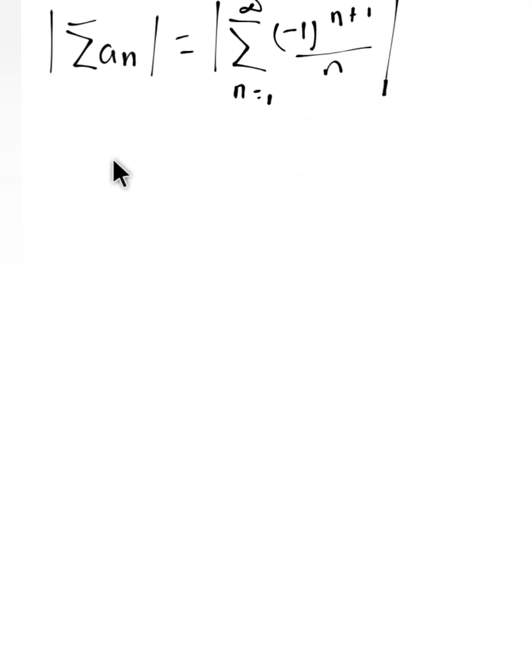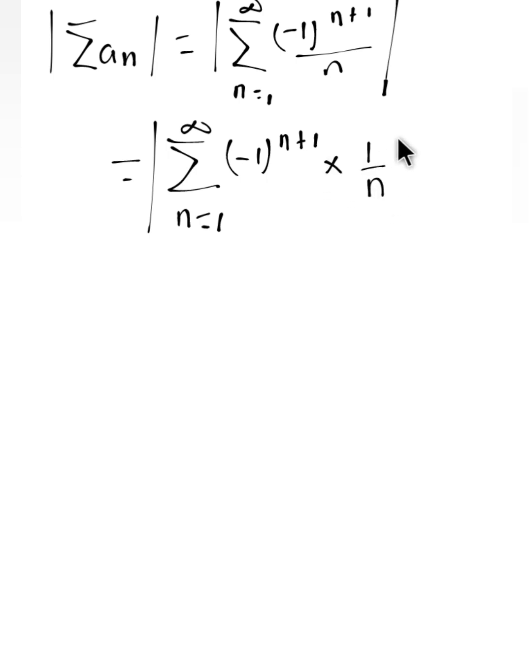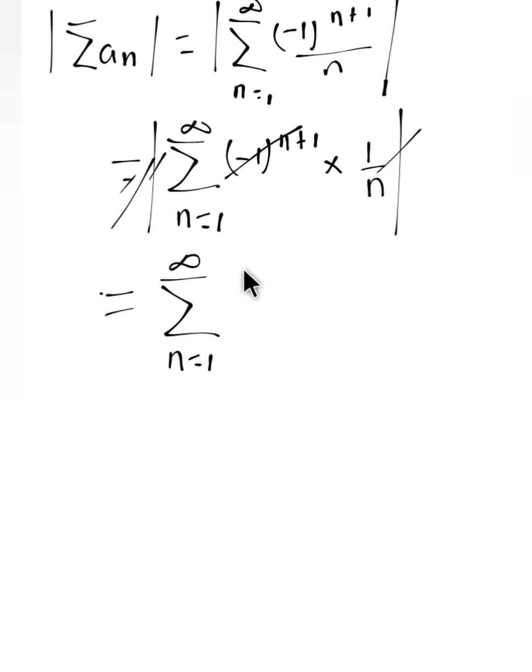Now this is equal to the absolute value of the summation from n equals 1 to infinity of minus 1 raised to the power n plus 1 times 1 over n. Now this absolute value will deal with the negative part of it. The negative part of it will cancel out with the absolute value. So we will be left with the summation from n equals 1 to infinity of 1 over n. This is the harmonic series.